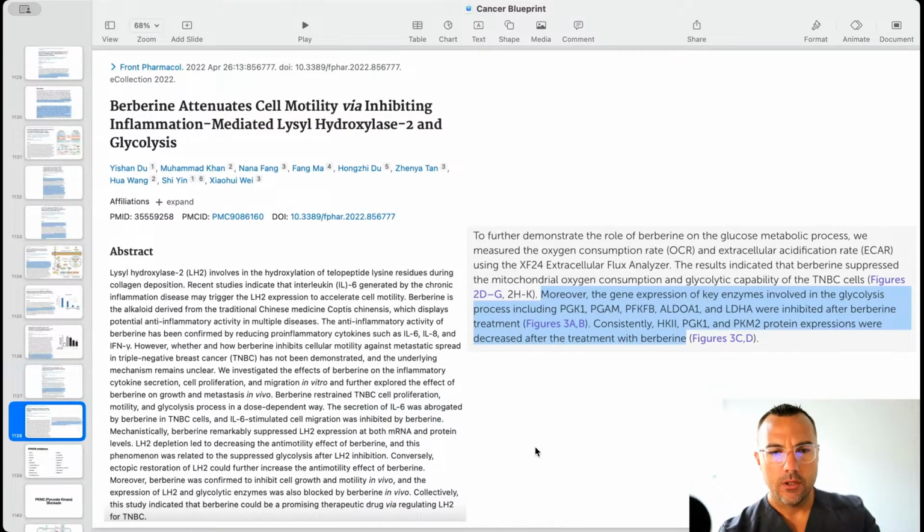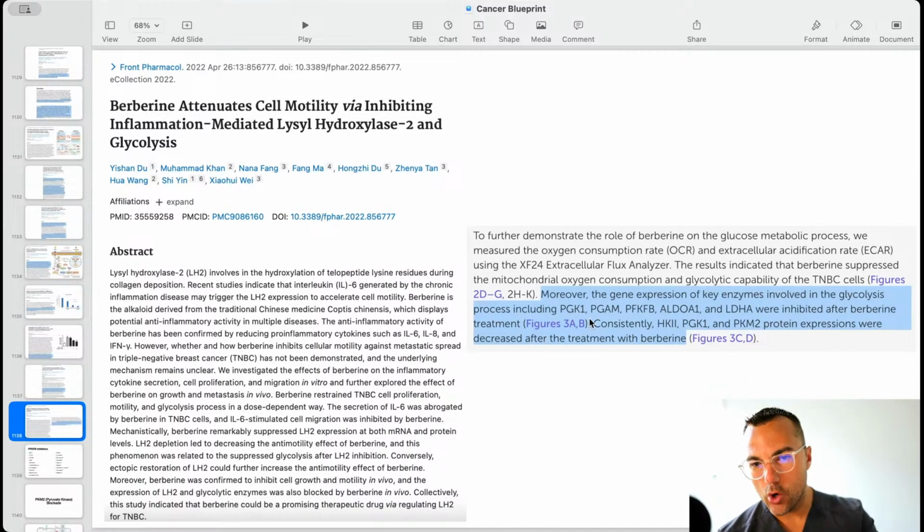Moving on. So the next inhibitor that I wanted to talk about was berberine. This paper was published in April of 2022, and it's titled Berberine Attenuates Cell Motility via Inhibiting Inflammatory Mediated Lysyl Hydroxylase 2 and Glycolysis. And I had to dig into this paper to find it.